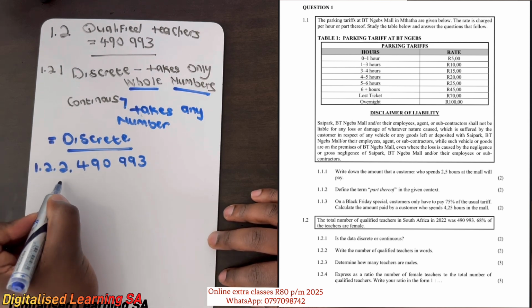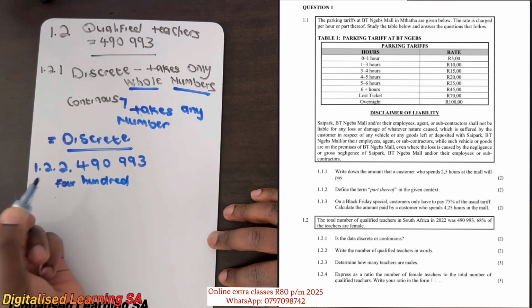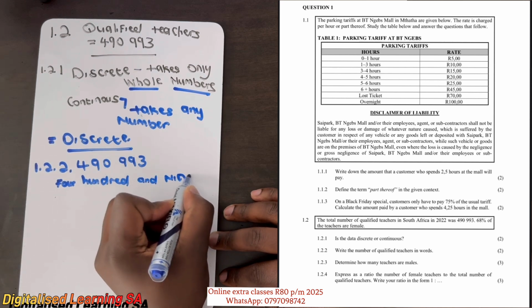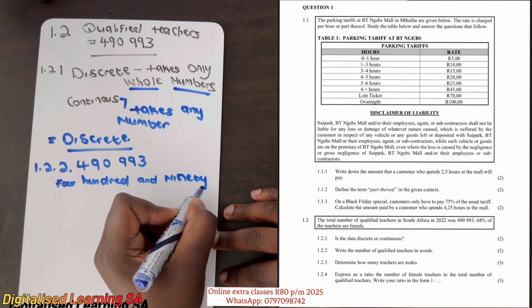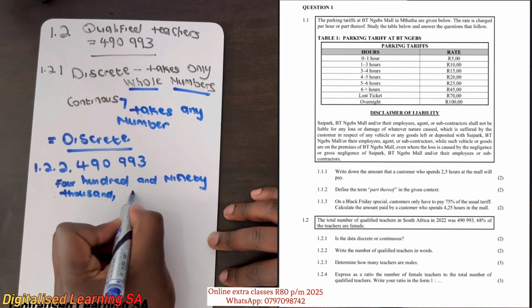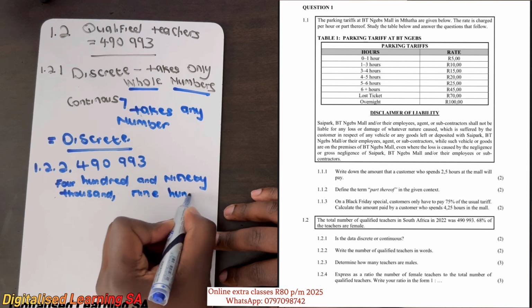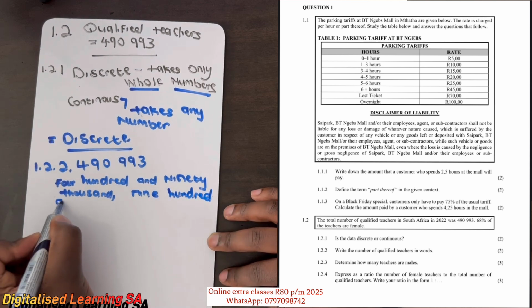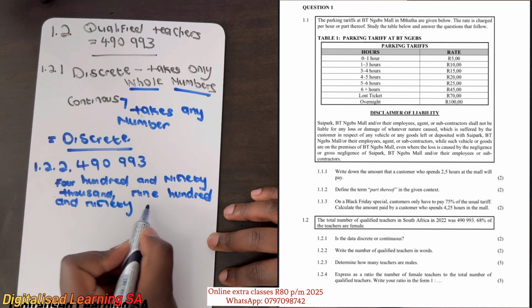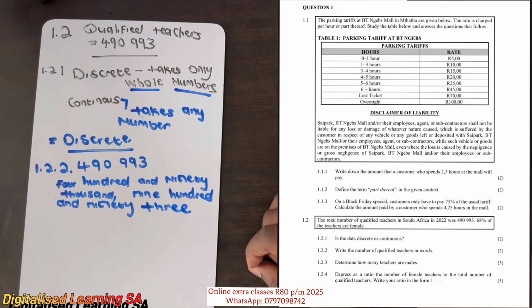So it's 490 thousand 993, 100 and 93. So now we are done answering question 1.2.2.